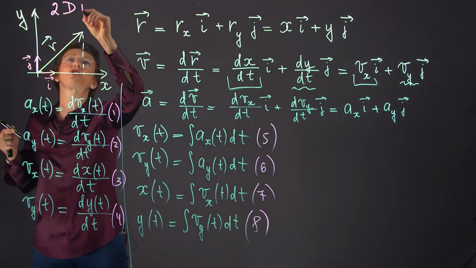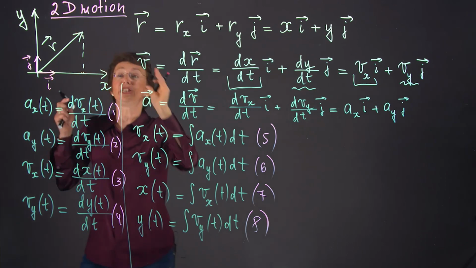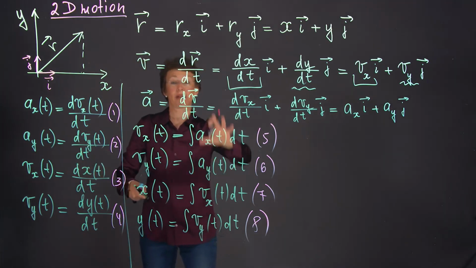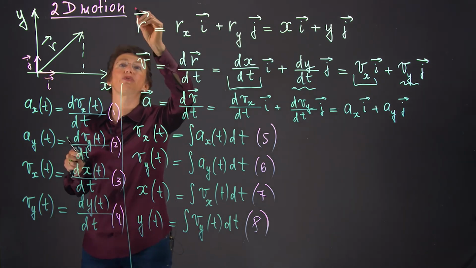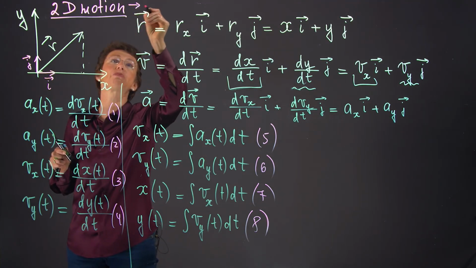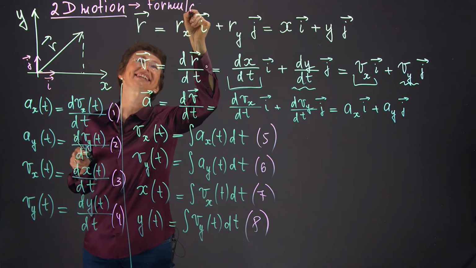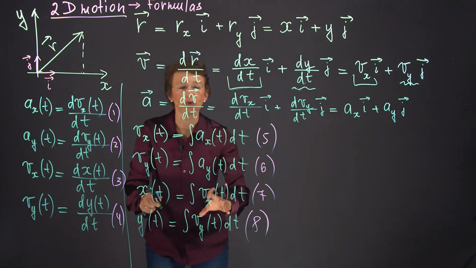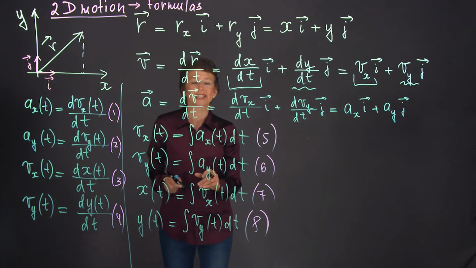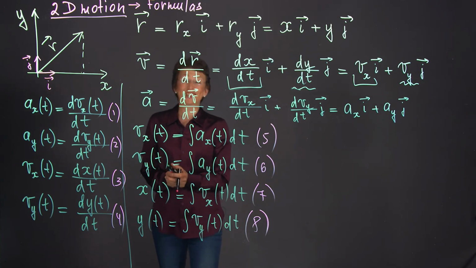I do hope that you will write them down and keep them in front of you when you solve problems. So these are the two-dimensional motion formulas. In our next video, I will apply these formulas to a very specific case, when acceleration does not depend on time, when the acceleration is constant.